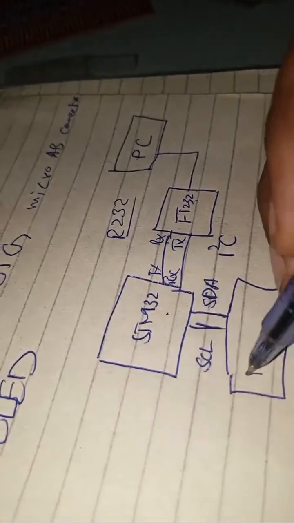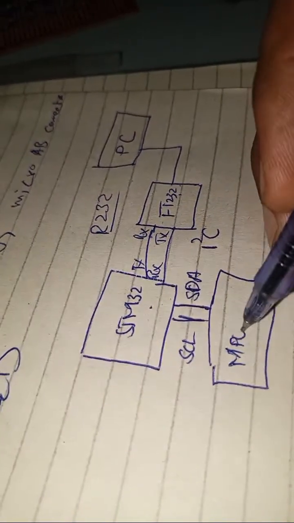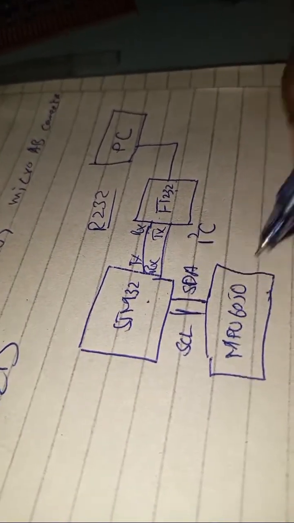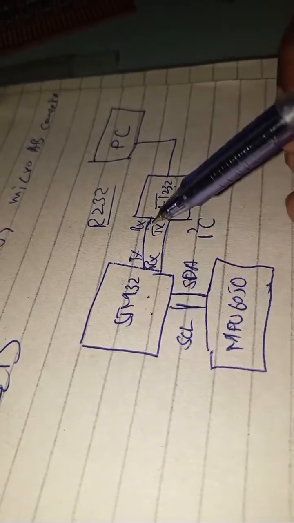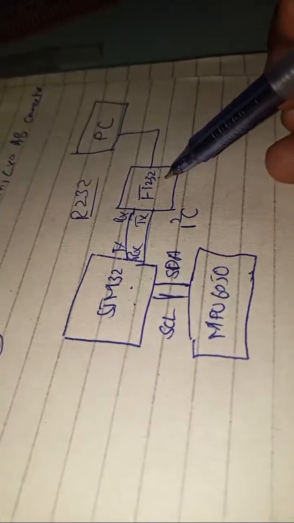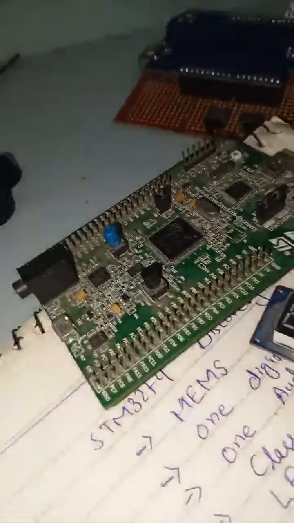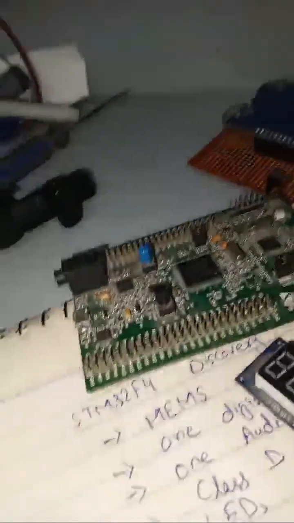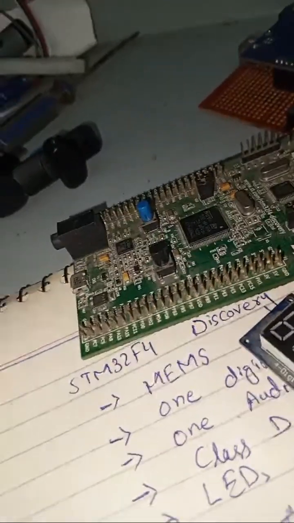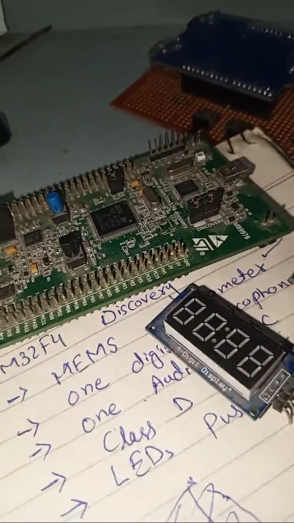For example, let's assume we are using the MPU6050 accelerometer, and this accelerometer will give data to the STM32, and STM32 will pass this data via USB to the PC. If we are using this STM32 F4 discovery board, or if we want to make things a little bit simpler, the same code could be used.